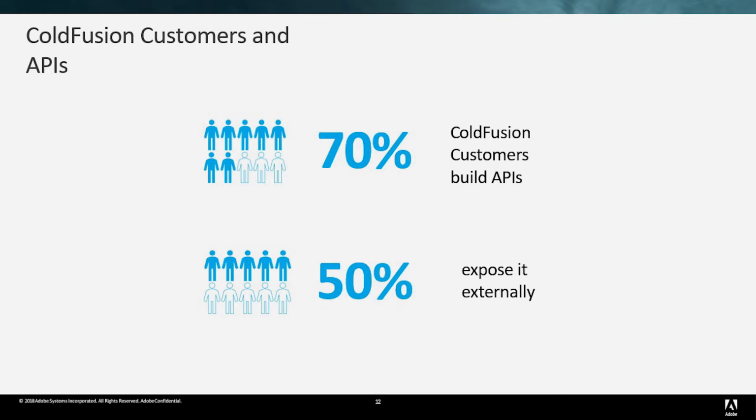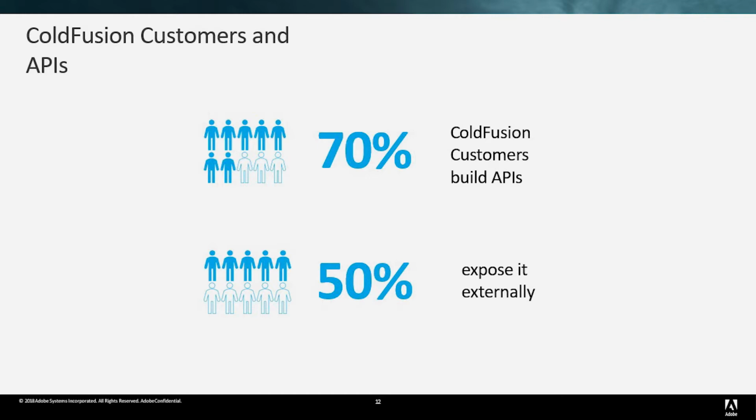Like I said, ColdFusion is a popular platform to build REST services, and we're not just coming up with it. We ran surveys which validated whether or not REST service is important to ColdFusion customers, and here's what we found. We found 70% of ColdFusion customers already built APIs.